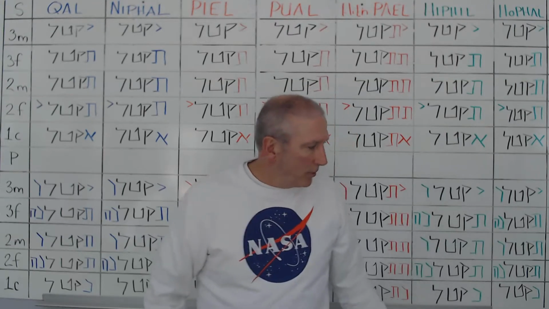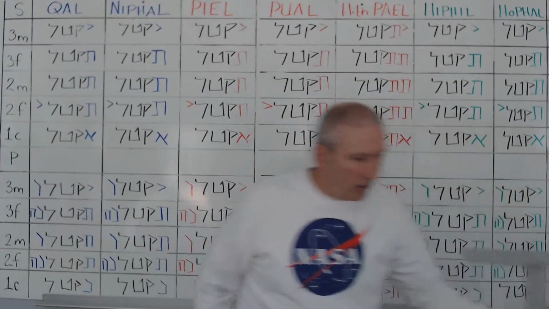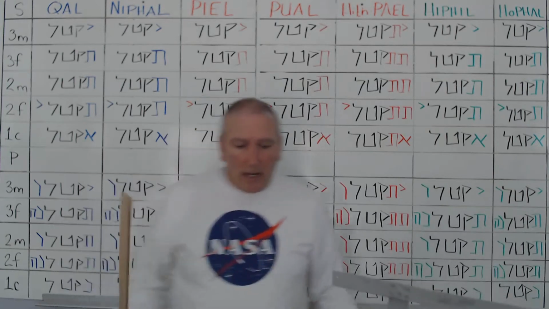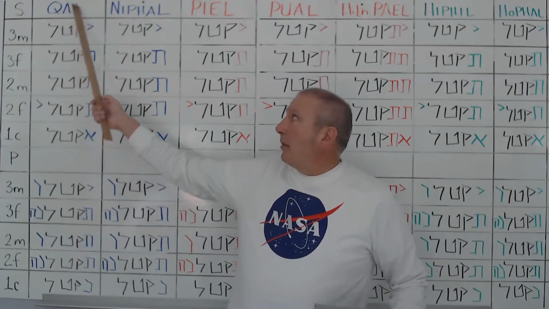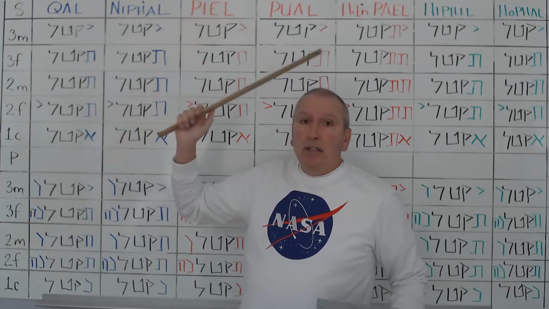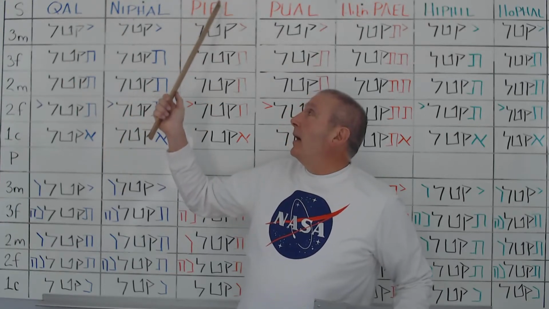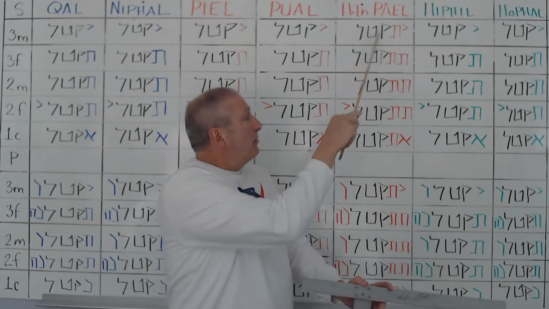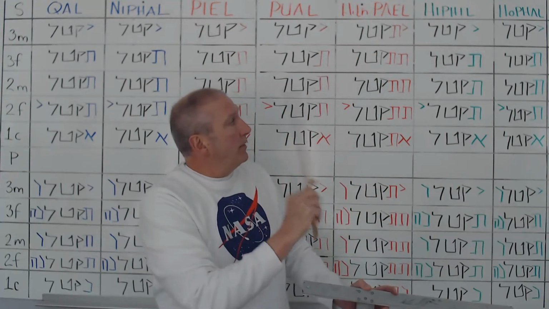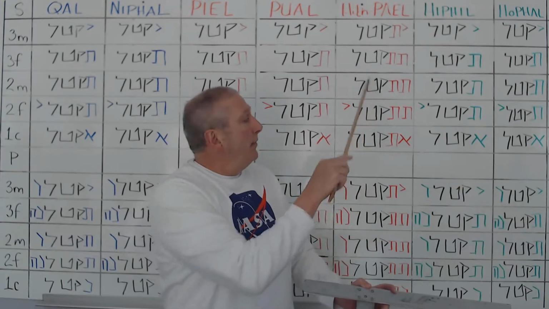And then, of course, the pattern I'll show you is what we already know. I put this in blue, that's a simple stem, simple active and passive. Intensive is red, and it's active, simple, intensive active, intensive passive. And then you have the reflexive. Now the reflexive will be the odd one in all of this. Of the 7 stems, that's the odd one.